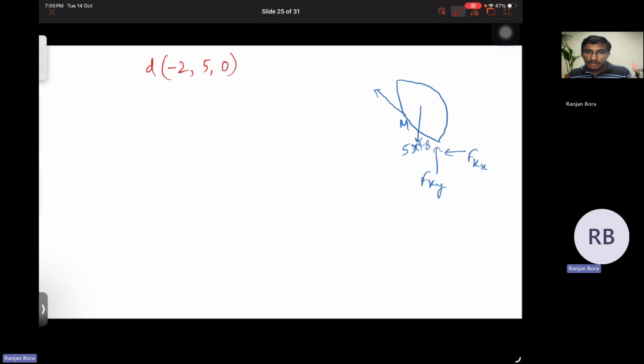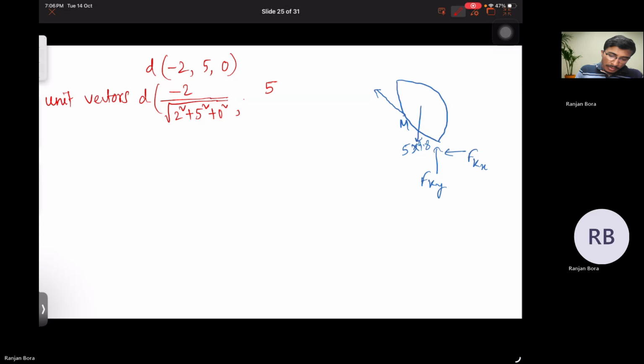From this vector, we need to find the unit vector. How can we find the unit vector? It will be minus 2 divided by square root of 2 squared plus 5 squared plus 0 squared, and along the y-axis, 5 divided by square root of 2 squared plus 5 squared plus 0 squared, and it will be 0.